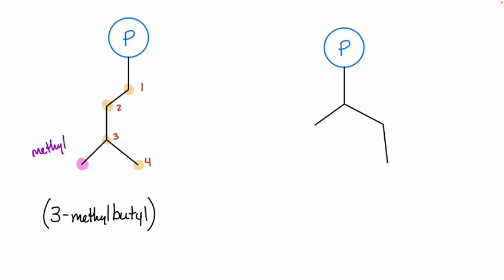Okay, same thing over here. My longest set of carbons would be these 1, 2, 3. So a propyl. I've got that 1 carbon group sticking off, that methyl.